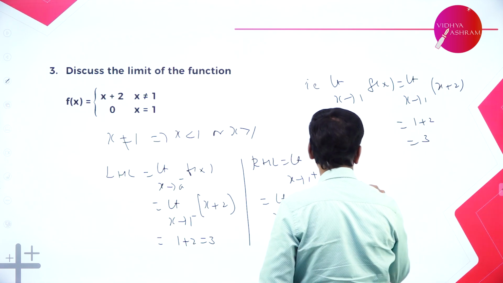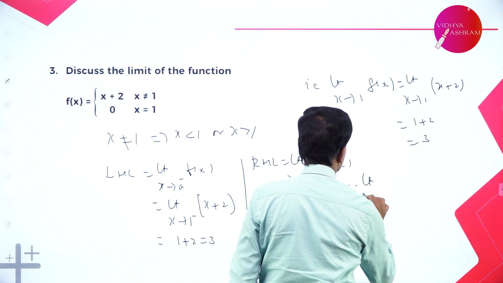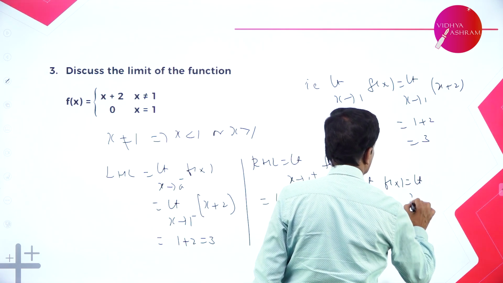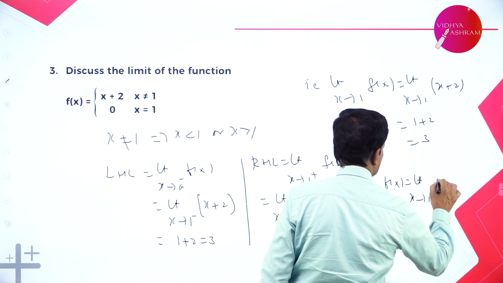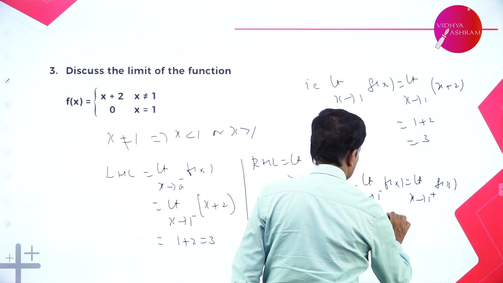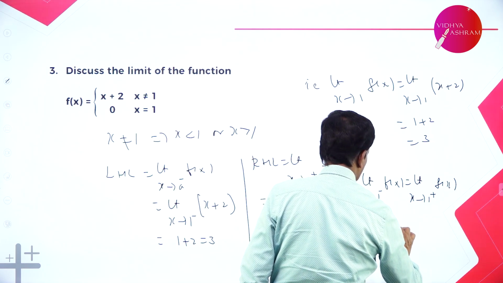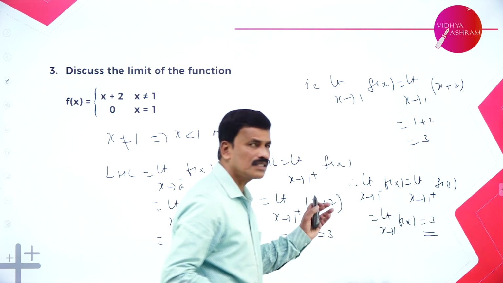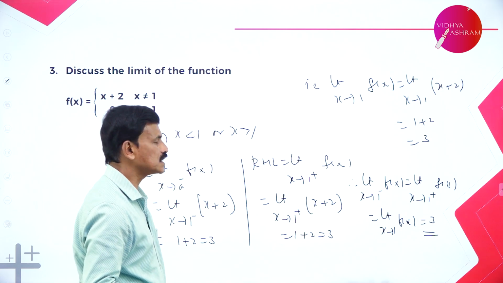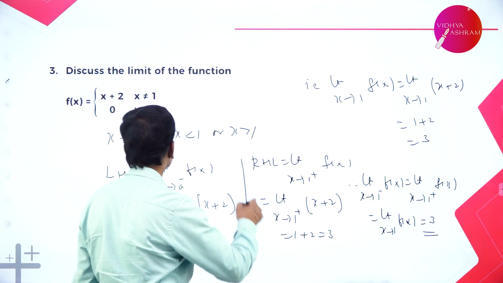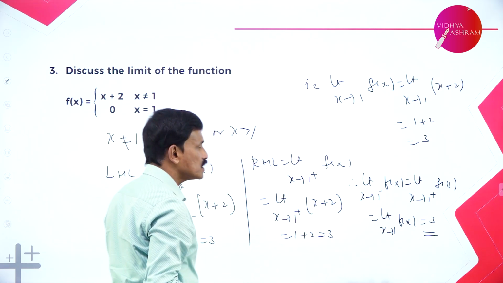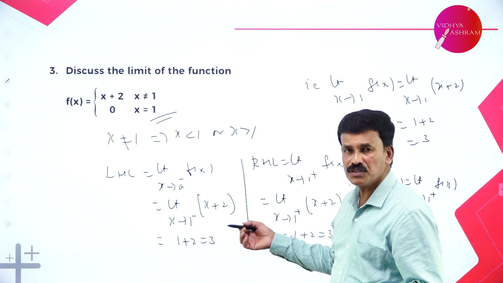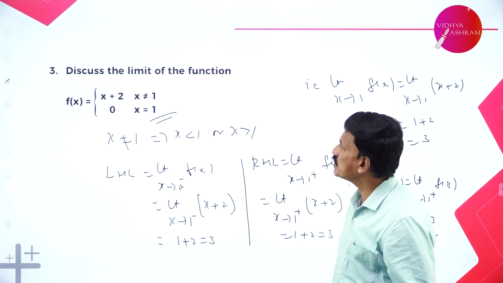So therefore limit x tends to 1 minus f of x is equal to limit x tends to 1 plus f of x is equal to limit x tends to 1 of f of x, that is equal to 3. So therefore the limit of this function exists. This is how we are going to discuss the limit of this function. Now if you draw the graph and verify, you can get the same result. Now move on to the next problem.